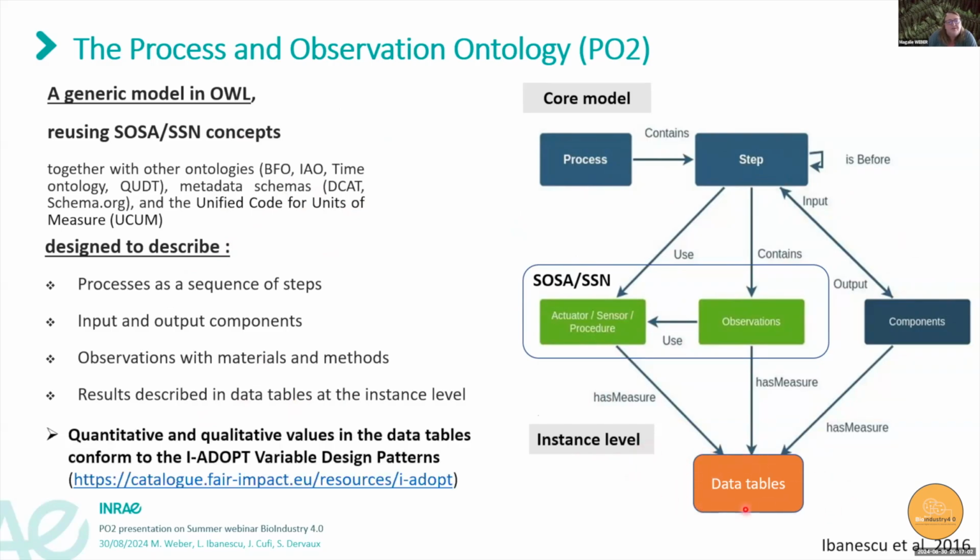And the quantitative and qualitative values in the data tables are conforming to the I-ADOPT variable design standard patterns, which are offering some patterns, some standards for representing the data. So PO2 provides a generic pattern for developing domain ontologies and structuring the data in the form of annotated datasets, which are in RDF format.